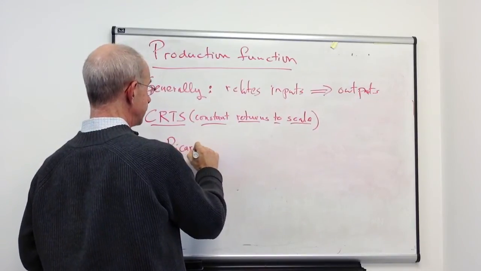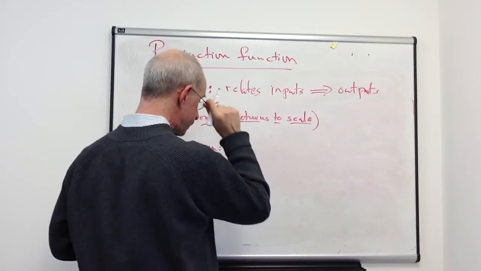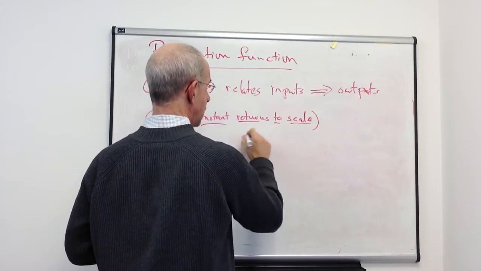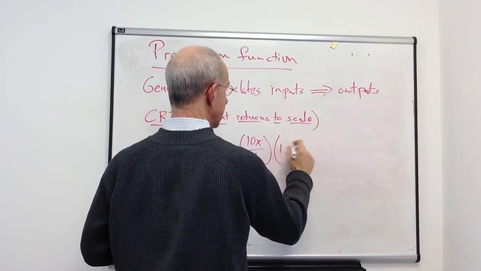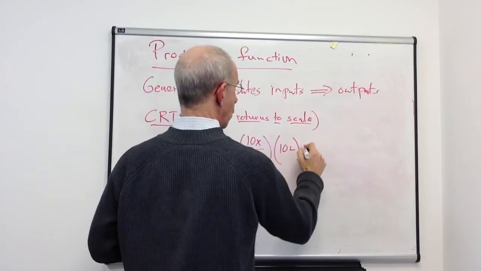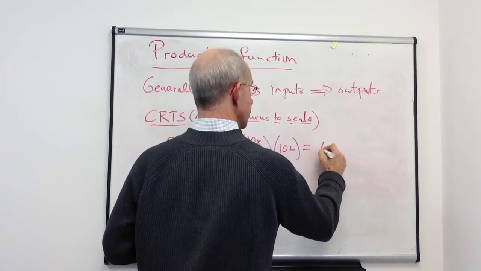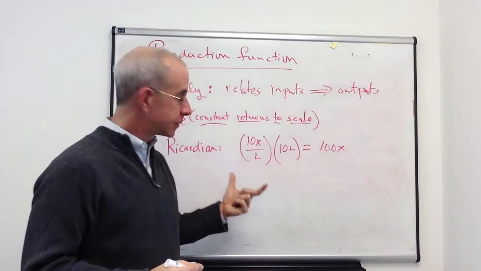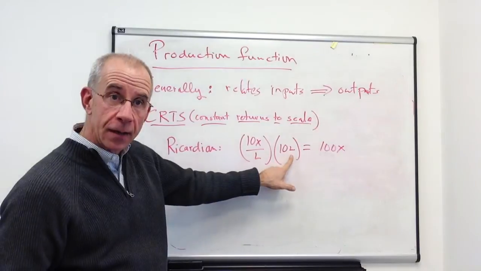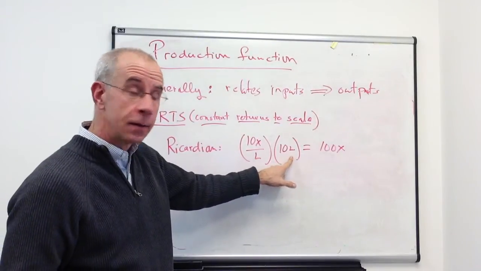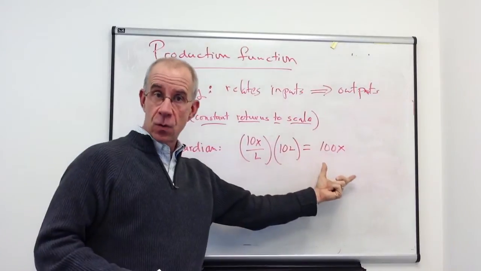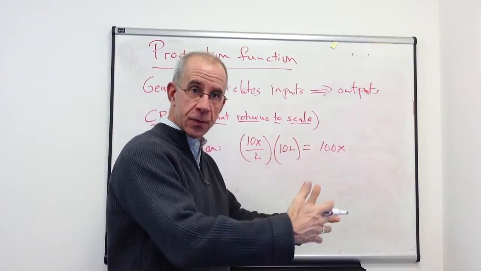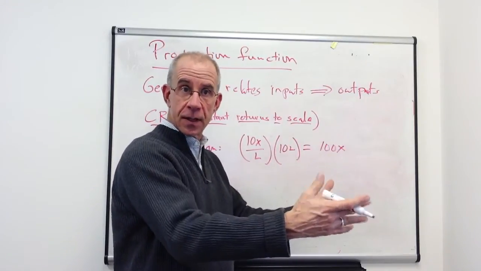Again, with the Ricardian model that we were just looking at, we have 10 units of X per worker, and we talked about having 10 workers and having 100 units of X. It should be pretty simple to see that if I double the amount of labor to 20, given this relationship, I'm going to have 200 units of X. So if I scale up the amount of inputs used, I'm going to scale up production in the same way.